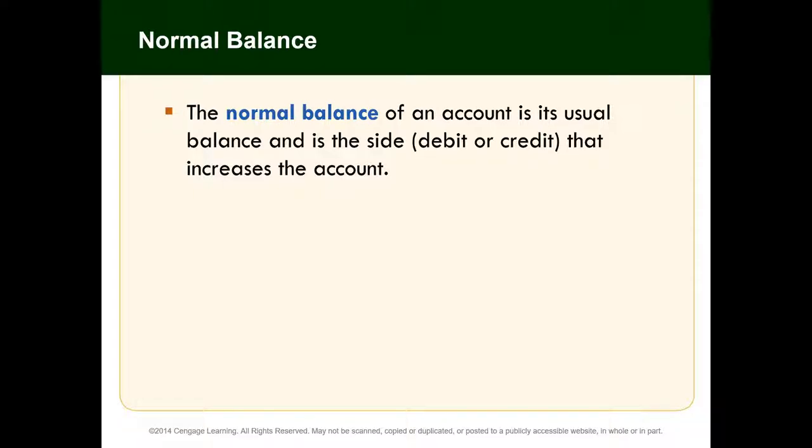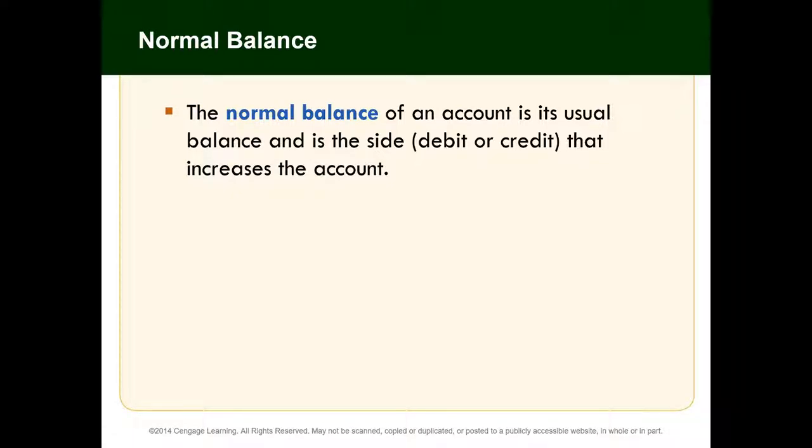For capital, the normal balance should always be on the credit side. For revenues, the normal balance should always be on the right side. Withdrawals, the normal balance should always be on the left side. That's where it's supposed to be.